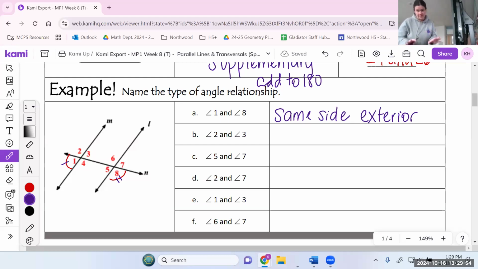Well, again, a whole explanation, of course. 1 and 5, those two are corresponding. And 5 and 8 are a linear pair. They make a line, they make 180. So since 1 is congruent to 5, and 5 and 8 make a line, therefore 1 and 8 make a line. So that's the add to 180.